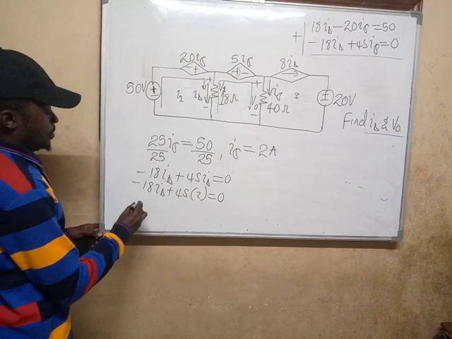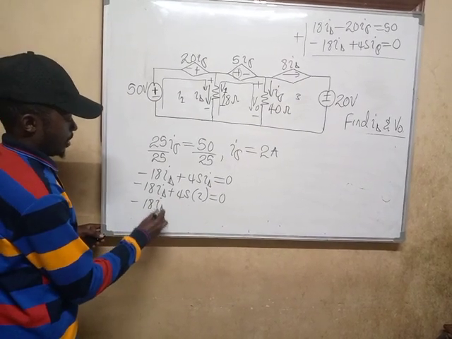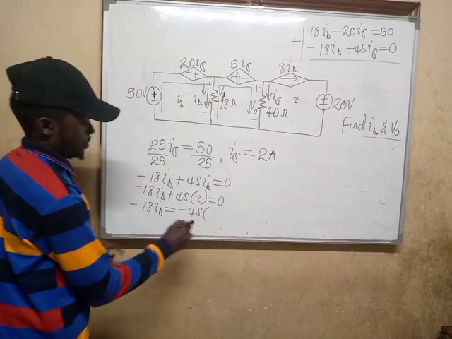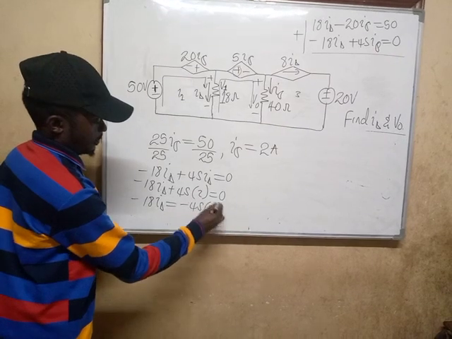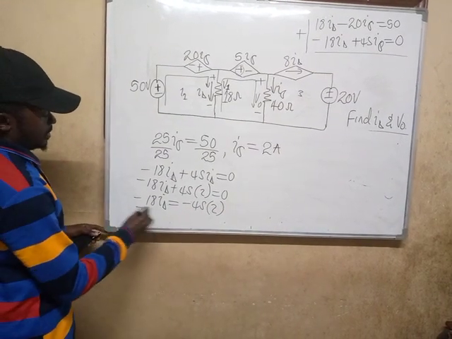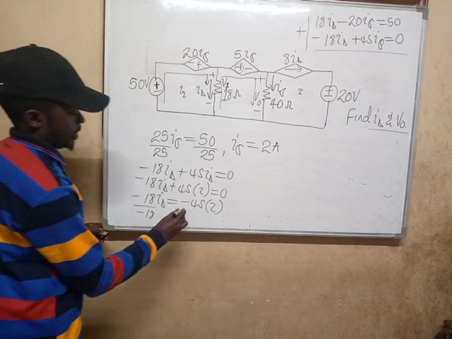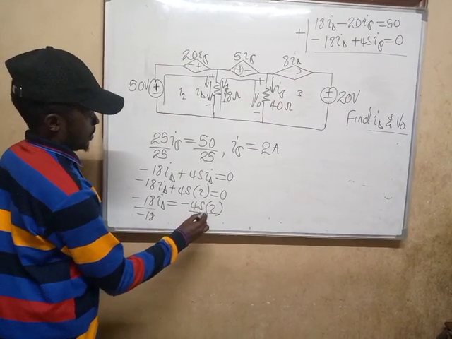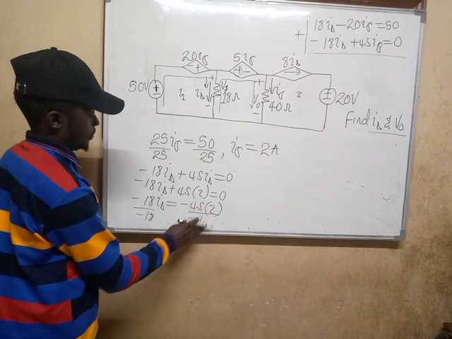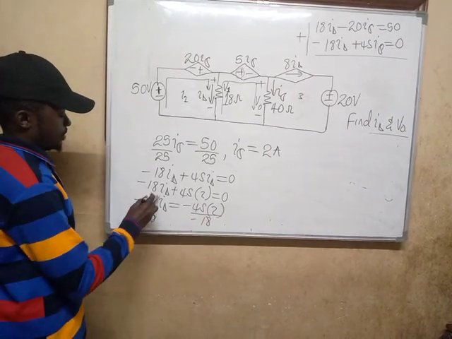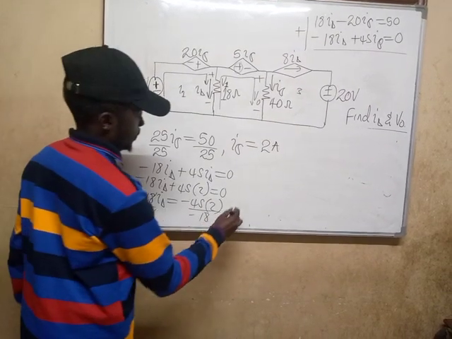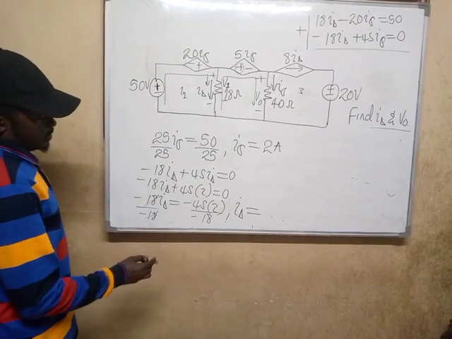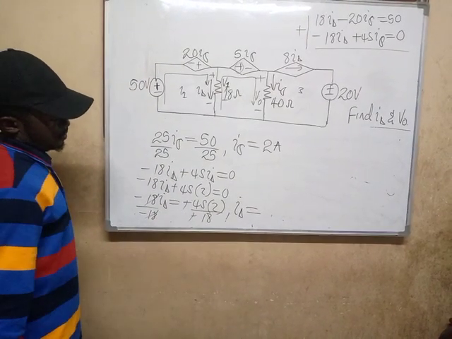So I have 18 I delta equals negative 45 times 2 in brackets. So we can divide throughout by negative 18.